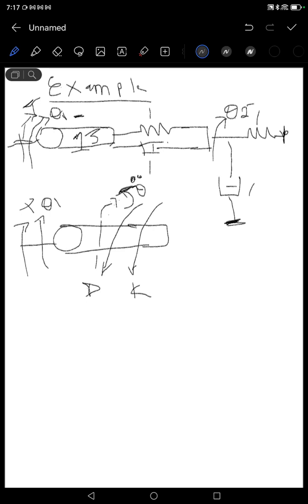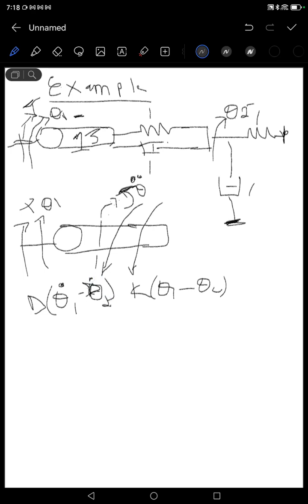Which means the spring is going to be K into theta 1 minus theta 2, okay? So this is what I'm saying. Our K is going to be theta 1 minus theta 2. And then our damper is going to be theta 1 dot minus theta 2 dot, okay?